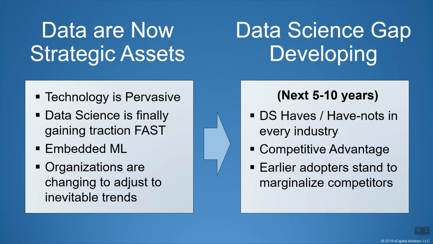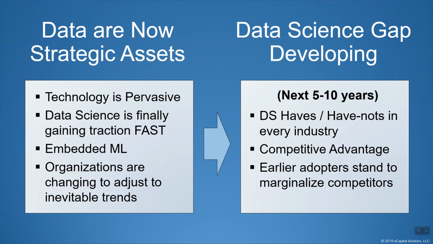And as consultants, we start to see how companies are reacting to these macro trends in technology, and what we're seeing is that organizations are changing and starting to adjust their organization and functional areas to accommodate these inevitable technology trends. But at the same time, we can definitely see a data science gap developing.